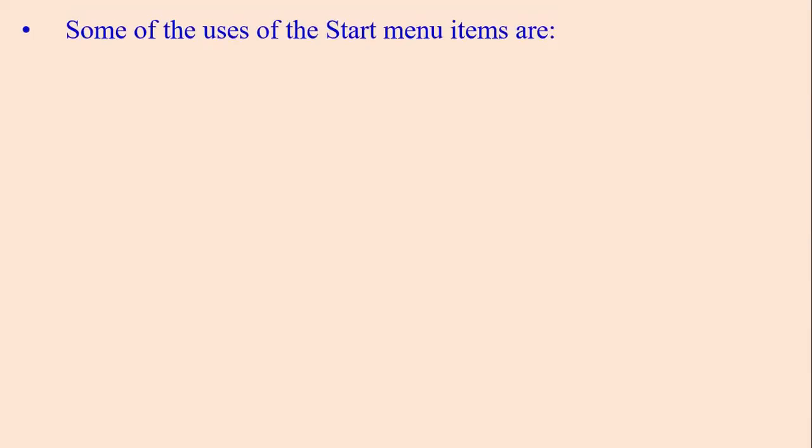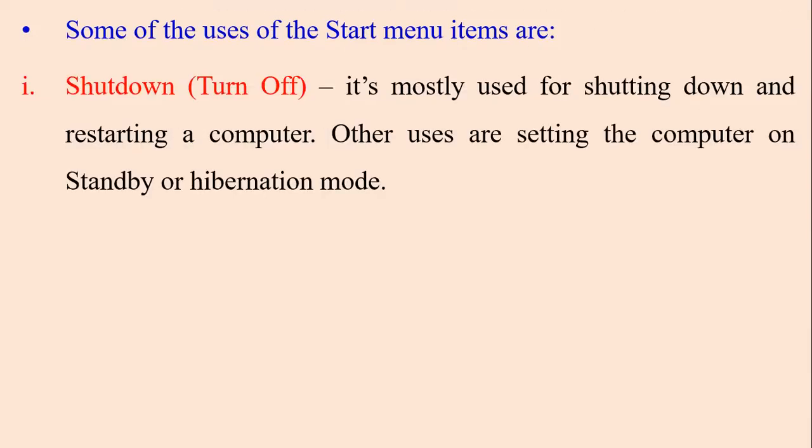Some of the uses of the start menu items include, but are not limited to, the following. The shutdown or turn off is mostly used for shutting down and restarting a computer. Other uses are setting the computer on standby or hibernation mode.